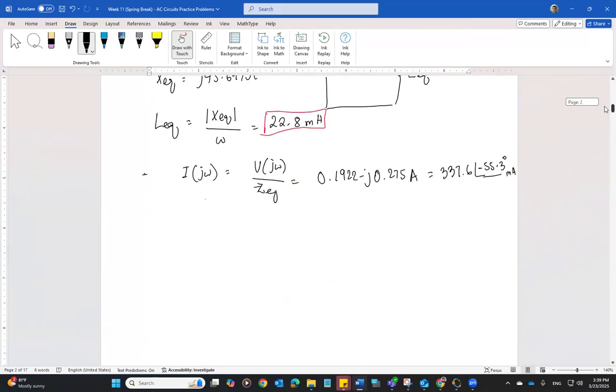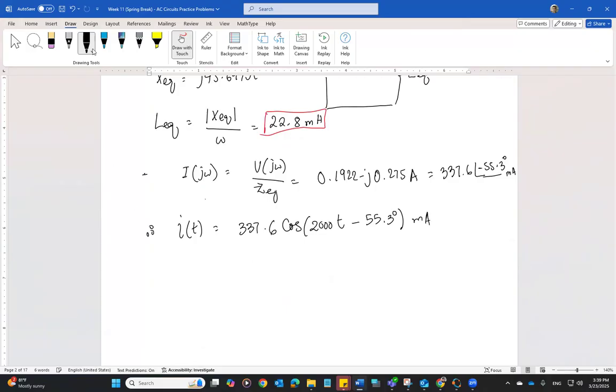So in time domain, the current is going to be given by, therefore, i(t) equal to 337.6 cosine 2000 t minus 55.3 degrees milliamp.